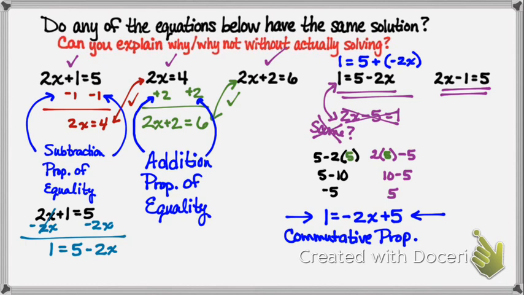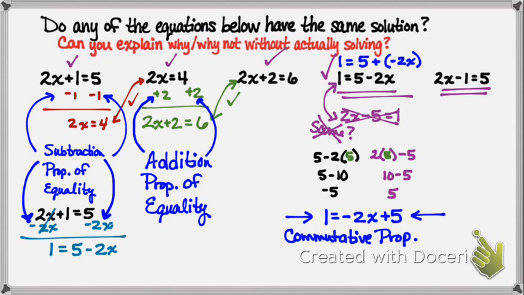What property would let me do that? Did we do it to both sides? If we do it to both sides and I'm allowed to do it, that would be a property of equality. Subtraction property of equality again. And now I know that this fourth one over would also have to have the same exact solution as the first three. Did anybody solve this one?